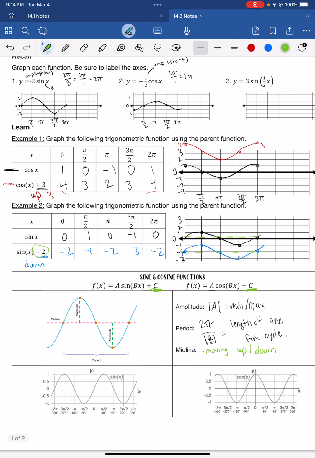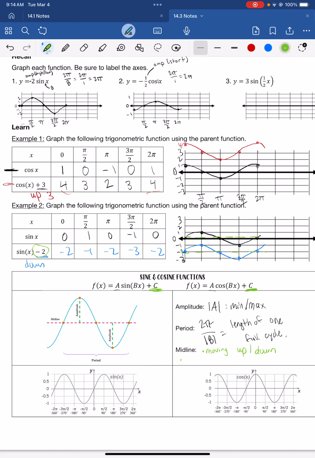And by moving our midline, we don't have to make a table every time to do our graph. We can just do our normal graph of up, middle, down, middle style like that. Okay. So we'll say one last thing.